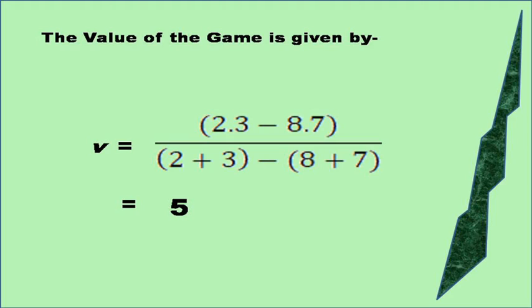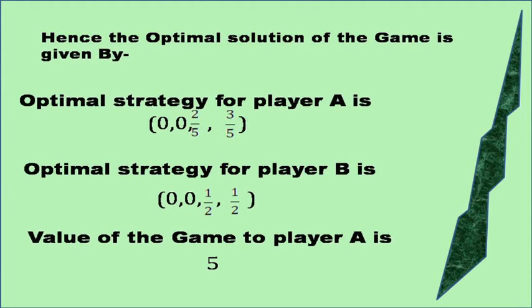So now we come to the conclusion of our game. The optimal solution of the game is given by optimal strategies for player A: 0, 0, 2 by 5, 3 by 5. Optimal strategies for player B: 0, 0, half and half. The value of the game to player A is 5, and it will be minus 5 for player B.